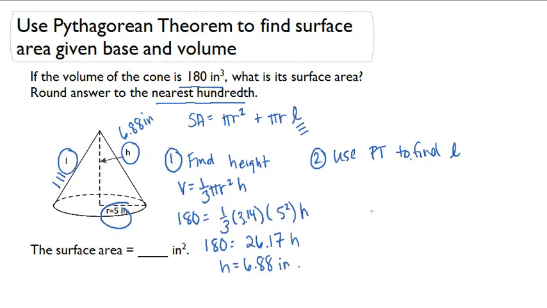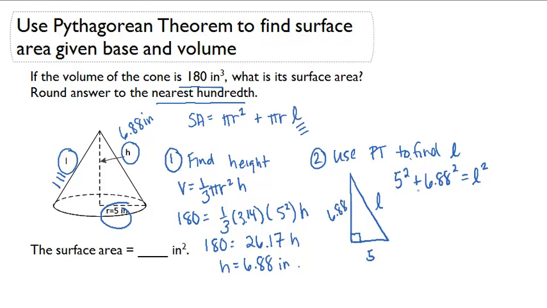Now let's do Pythagorean theorem. For Pythagorean theorem here, my radius is 5, my height is 6.88, and my slant height is missing. So if I set up Pythagorean theorem, I'll do 5 squared plus 6.88 squared equals L squared. 5 squared is 25 plus 6.88 squared.